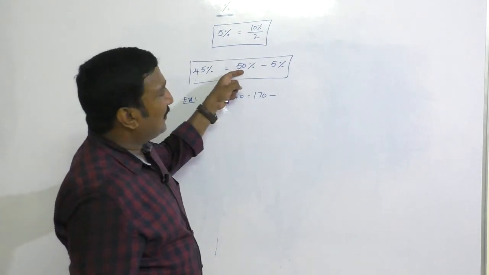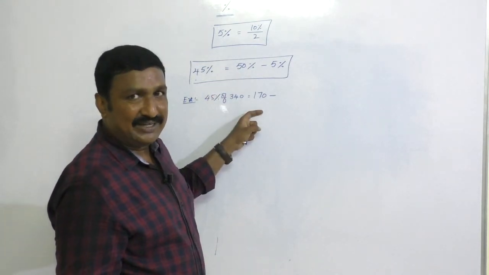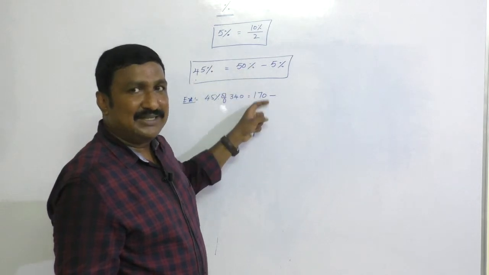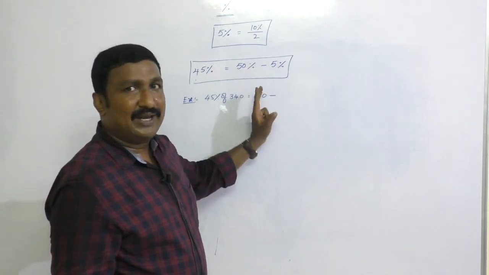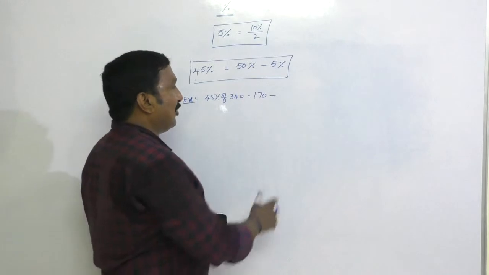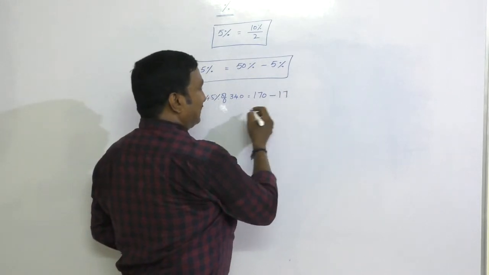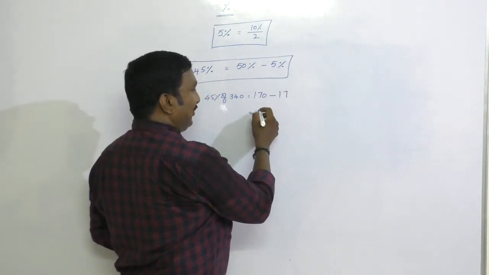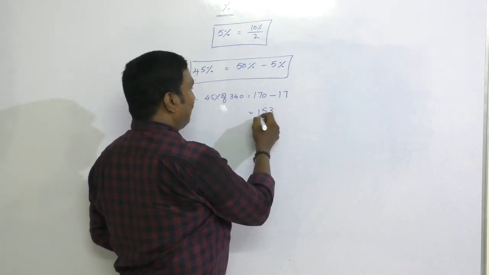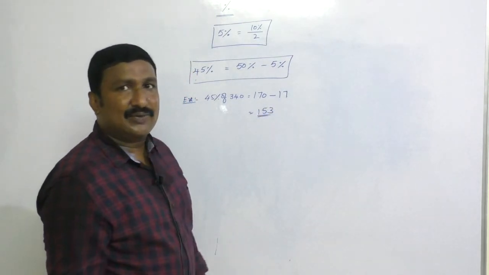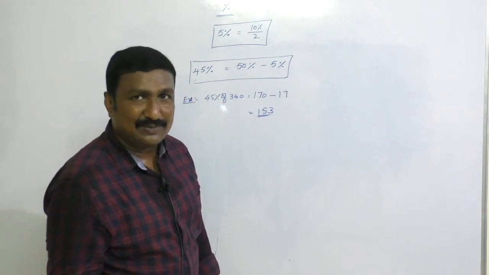Here already 50% is equal to how much is there? 170. 50% is 170 means 5% is nothing but how much will come? Eliminate the 0. So which is equal to how much will come? 17 will come. So 170 minus 17 is equal to 153. Okay now friends, so always 45% is nothing but 50% minus 5%.